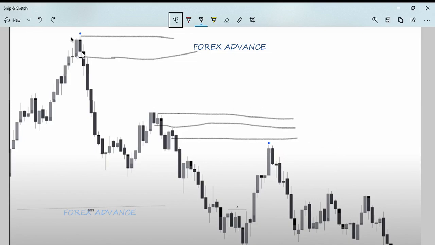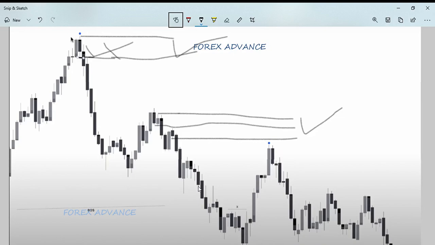As there is a very small imbalance in this specific area, there are very little chances of the market covering that imbalance. This specific imbalance has larger chances because it has a larger gap, larger imbalance, as compared to the first one. But this is also a valid order block. This is also our valid order block.